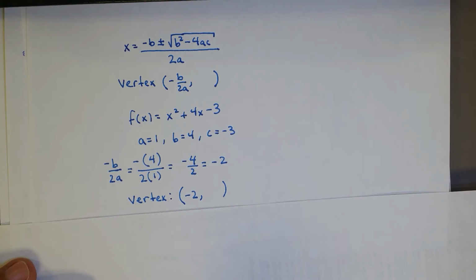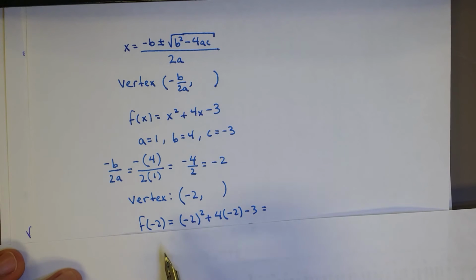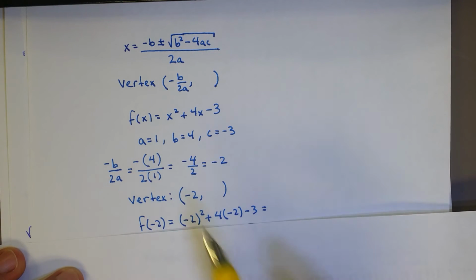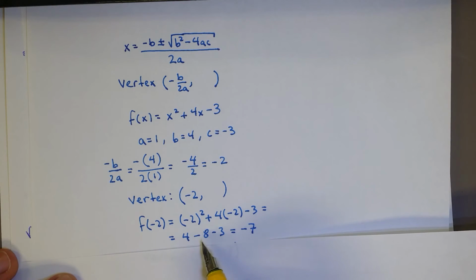Okay, so to find the y-value of the vertex, let's go ahead and plug -2 into our function, and we're going to find that the function evaluated at -2 is (-2) squared plus 4 times -2 minus 3, which is equal to 4 minus 8 minus 3, which is equal to -7.